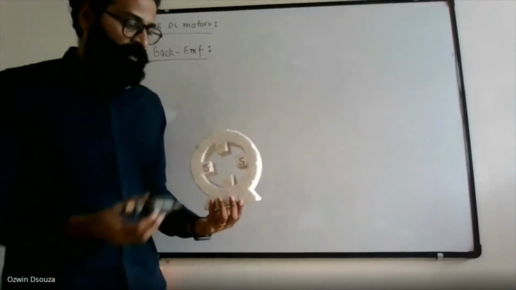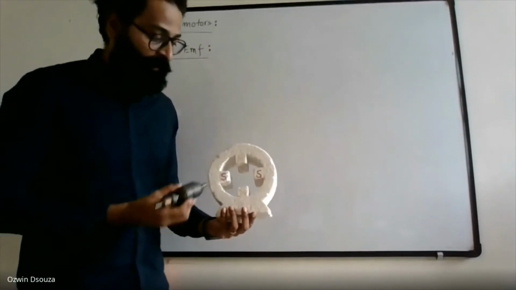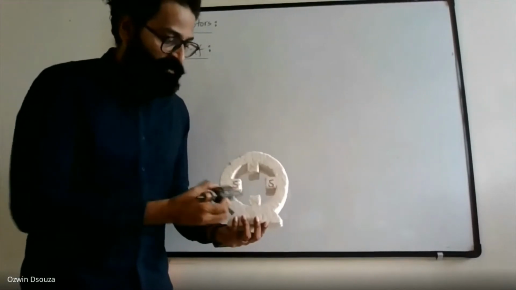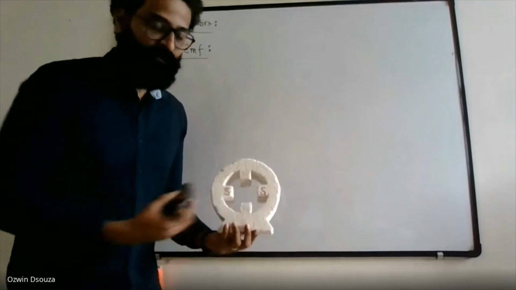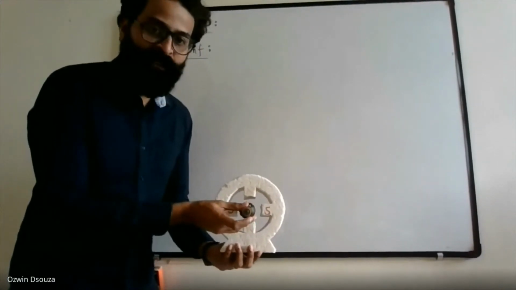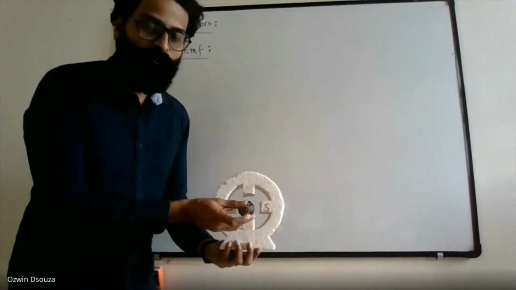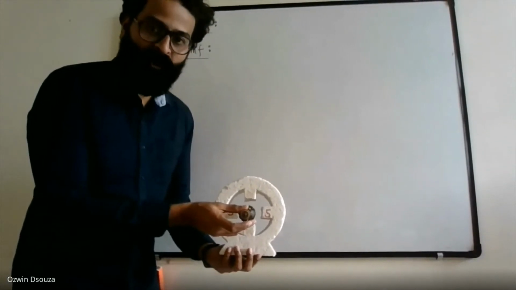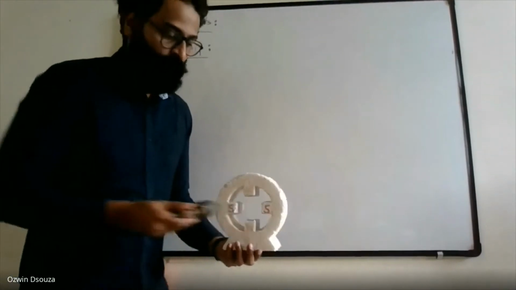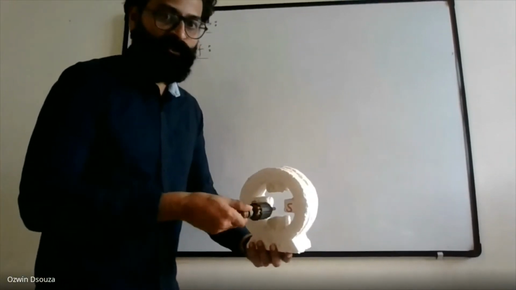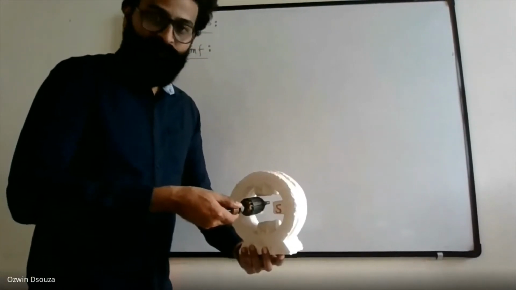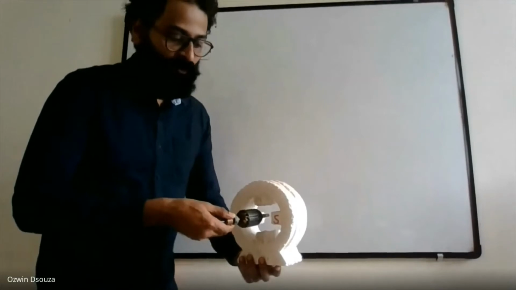Now, in case of DC motor, what happens is that the field system is energized, right? So field system will carry a certain amount of flux. And when the current is supplied to the armature or to the rotor, the rotor starts rotating. Now, this is called motoring operation.